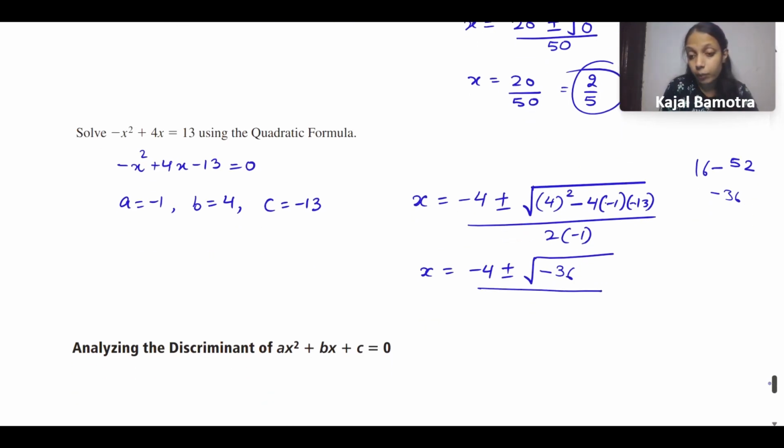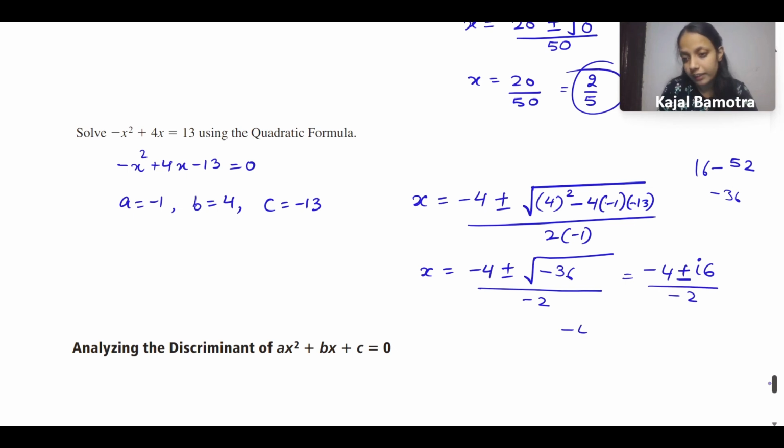That's negative 2. And we already learned how to write the root of a negative number, that's i. I can write negative 4 plus minus square root of 36 is 6, square root of negative 1 is i, over negative 2.